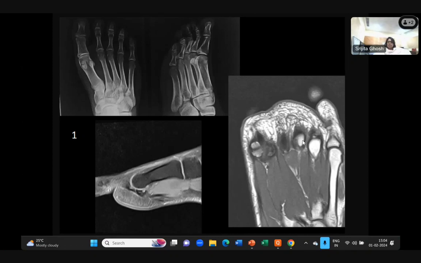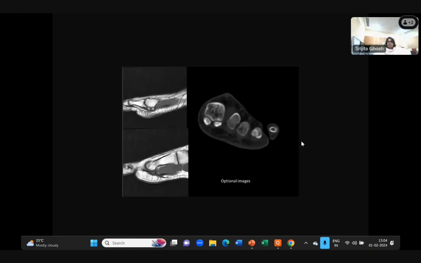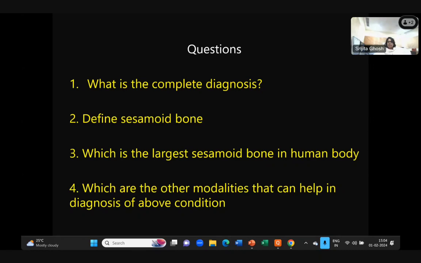What is a bone formed within the tendon? Yes, but nobody answered what is the largest sesamoid. Nobody's answered. So this you should know. Patella is the largest sesamoid bone. And any two other modalities. One is already seen here, CT scan, because it's a bony structure.